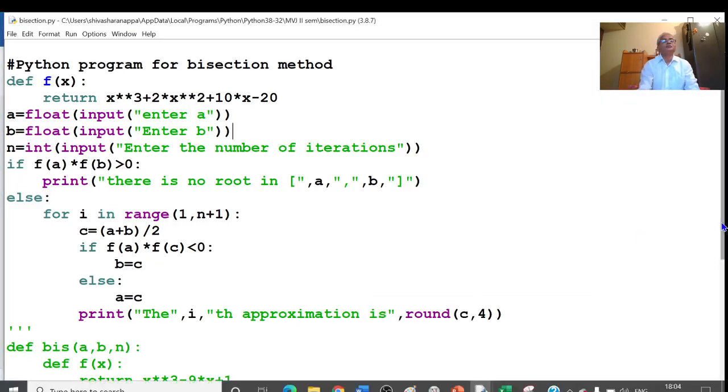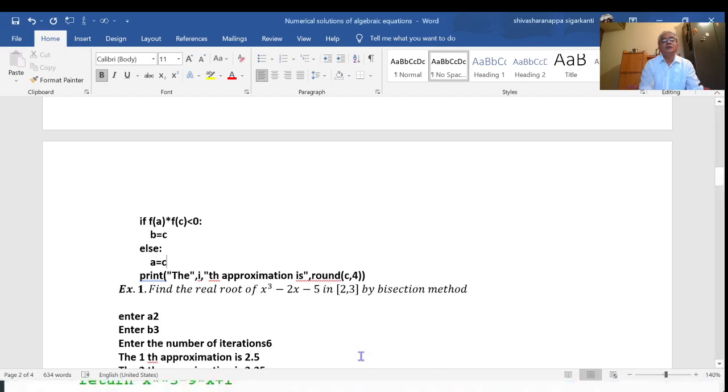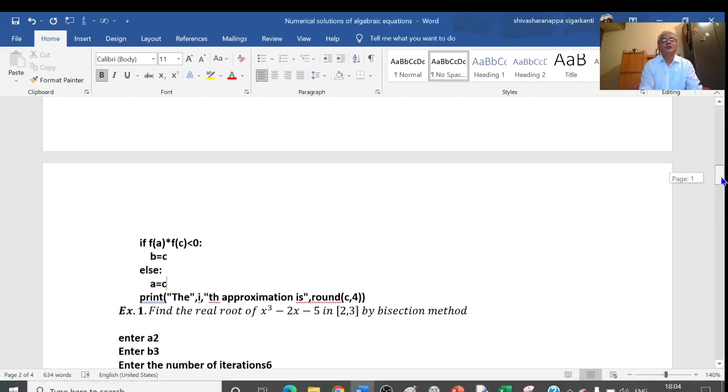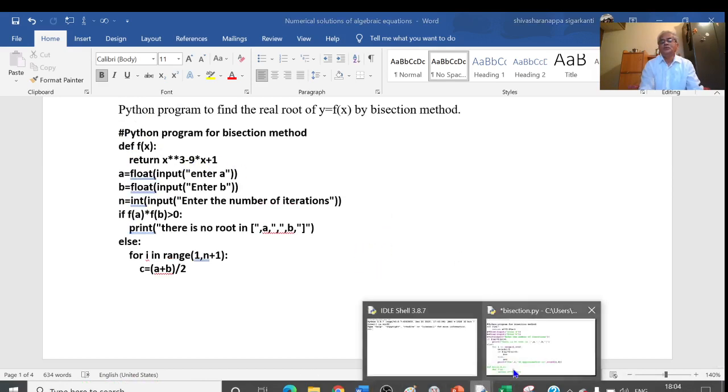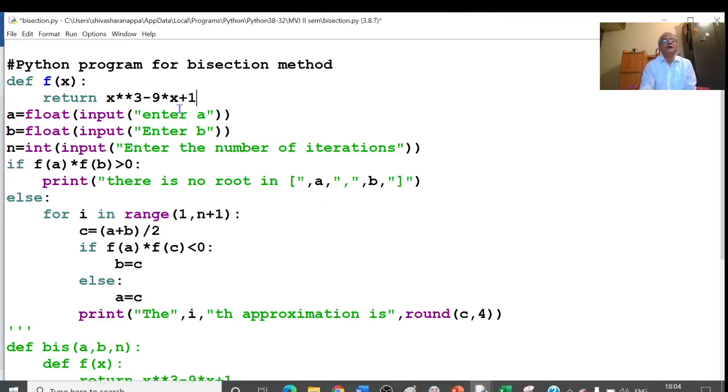This is the Python program for bisection method. Definition f x is written x cube plus 2x square. Okay, I will make this my function: x cube minus 9x plus 1.